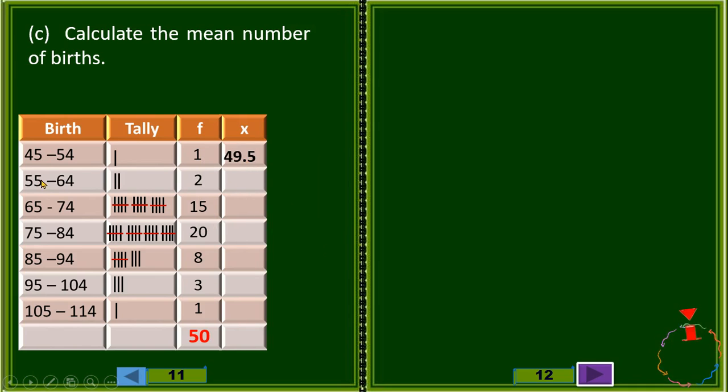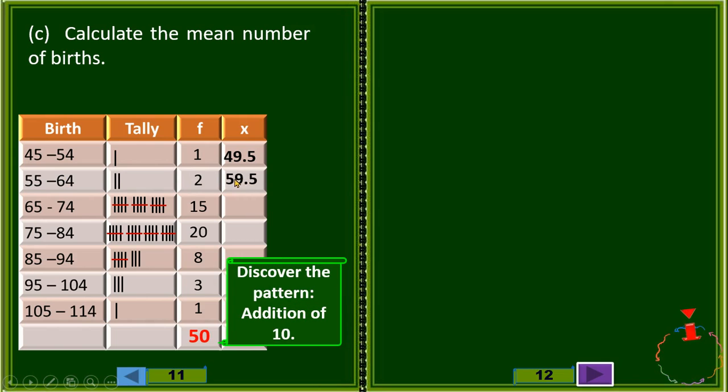Doing the same thing here, add 55 to 64 and divide by 2. That gives us the class center for the second class as 59.5. Can you discover the pattern here? The difference between the first class and the second class here is 10, and that is called the class size.